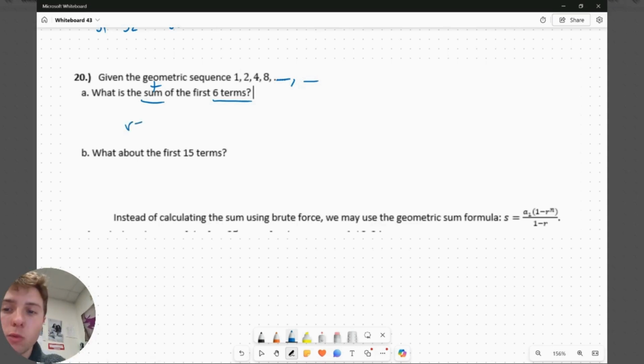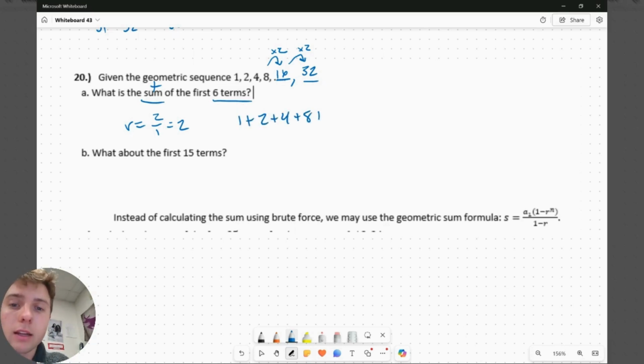Well, I could find the ratio first to figure out what to multiply by. In this case, it looks like we're multiplying by 2 between each term. So 8 times 2 is 16. 16 times 2 gives us the 32. Our sequence is now 6 terms. So what I could do is add each of those values together and figure out what that gives us. In this case, that would end up adding to a value of 63.